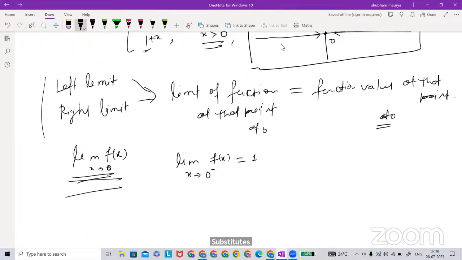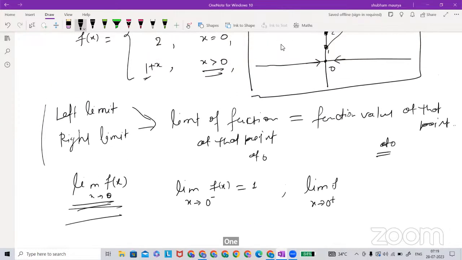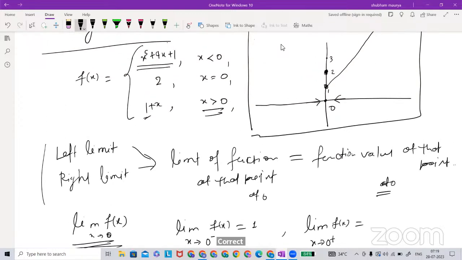Let's find the right limit. On the right side of 0, the function is again a linear function, a polynomial also.